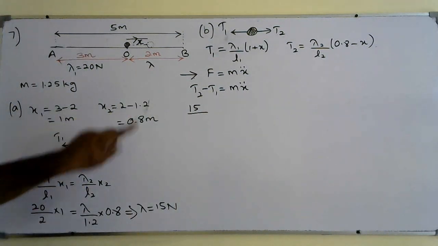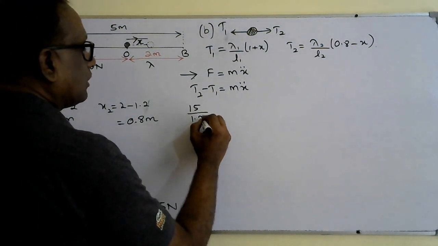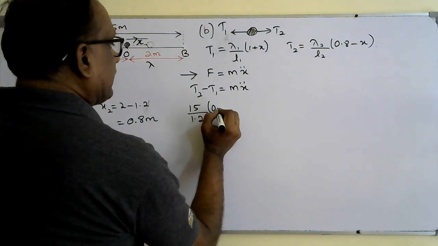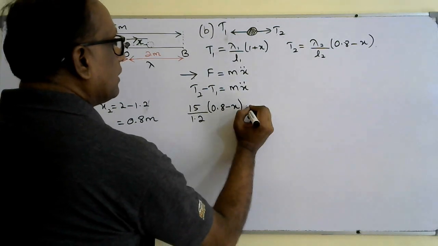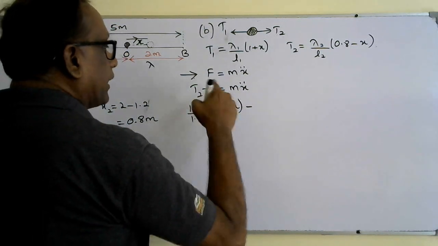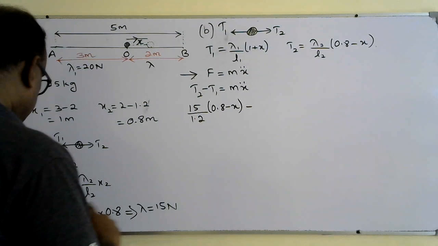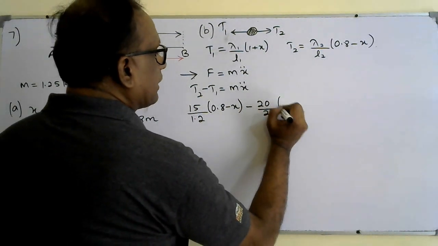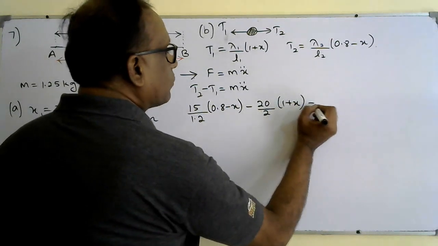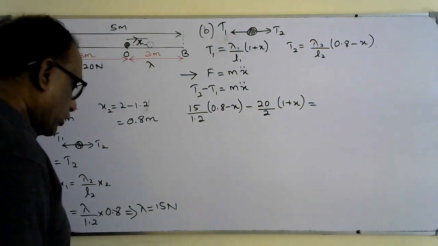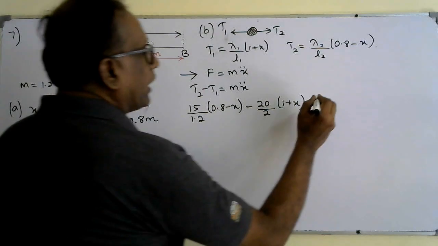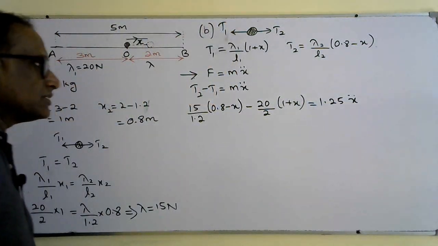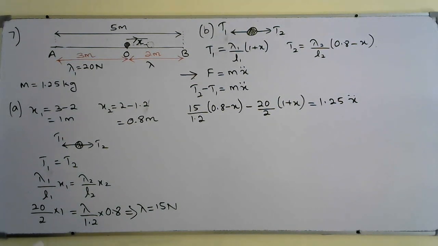The natural length was 1.2, into extension, that is 0.8 minus x, minus T1, lambda 1 over L1. Lambda 1, we know that, 20 over 2 into 1 plus x, equals mass, which is given as 1.25, x double dot. Okay, solve this equation.